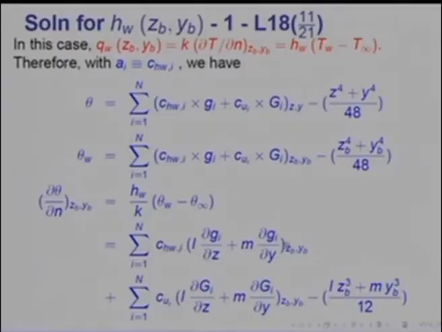For example, this quantity would equal hw/k (θ wall − θ infinity) minus the entire term on the bottom of the slide.